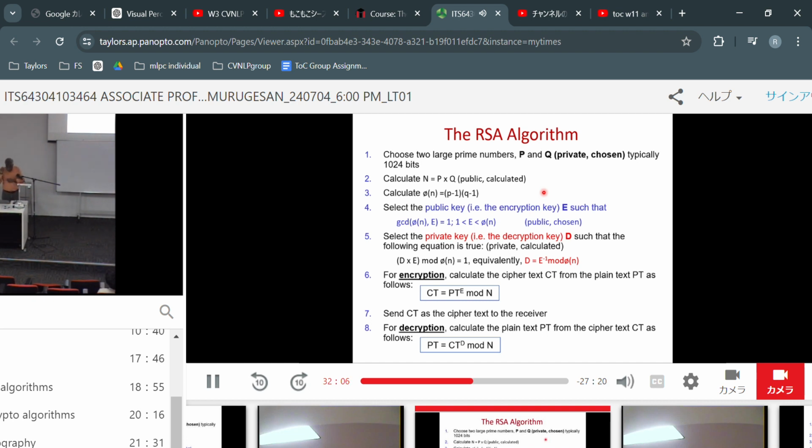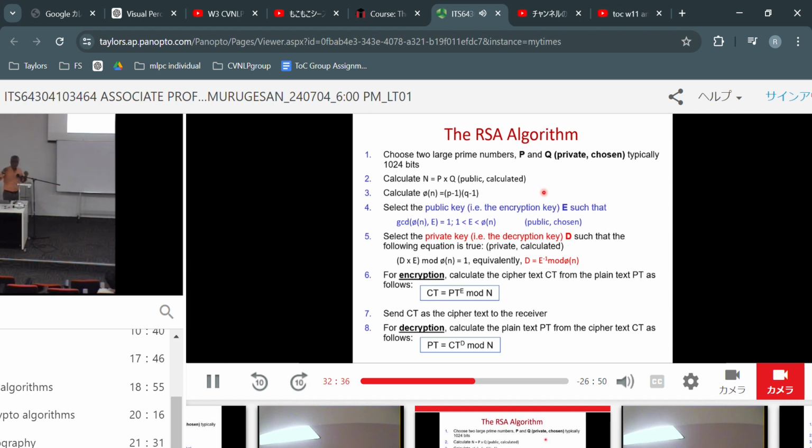When you keep P and Q secret, you publish N, meaning you tell the whole world what N is. Everybody who knows RSA knows that N is P times Q, and that P and Q are prime numbers. N is public, open to everyone, no secret.